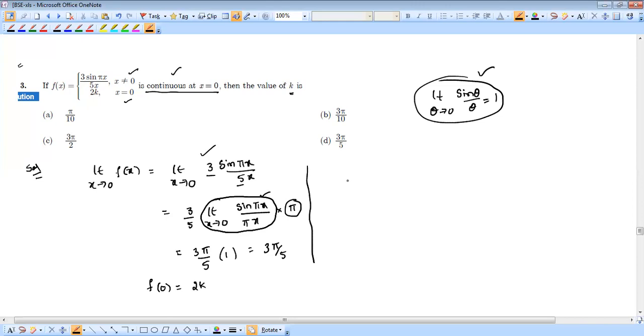Since it is continuous, limit x tends to 0 of f of x will be equal to f of 0. Let us equate both. 3 pi by 5 is equal to 2k. Then k is equal to 3 pi by 10. This is the answer.